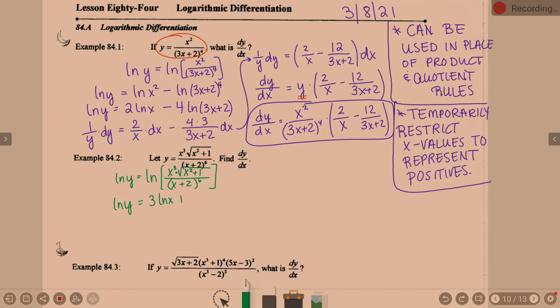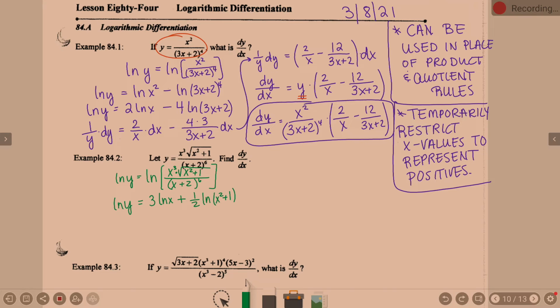Then it's times, so I'm going to say plus. Now I have the natural log of this square root. A square root is really something raised to the 1/2 power. So if I take the 1/2 out front, it's 1/2 natural log of x squared plus 1. So that was me taking the square root, changing it to 1/2, putting my power out front.